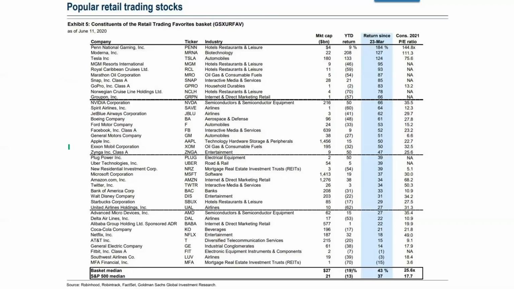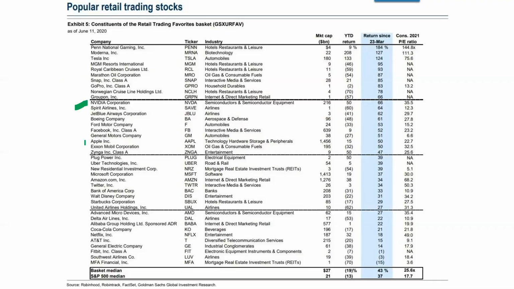Walt Disney, Bank of America, the airline stocks, the auto stocks, oil and gas, cruise ship stocks. These companies have really been hammered in the economic decline. Well, also gaming.